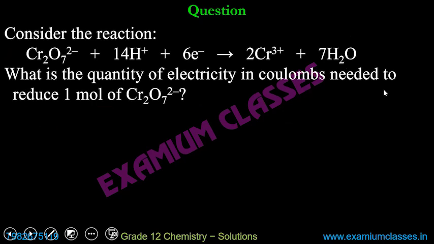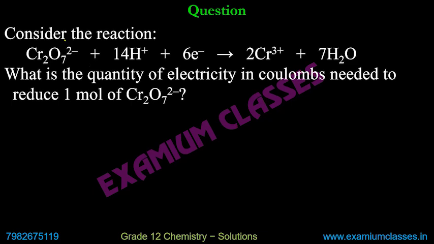Consider the reaction. What is the quantity of electricity in coulombs needed to reduce 1 mole of dichromate? Answer is very easy if you understand the number of electrons transferred.